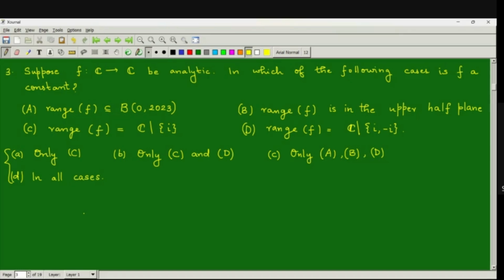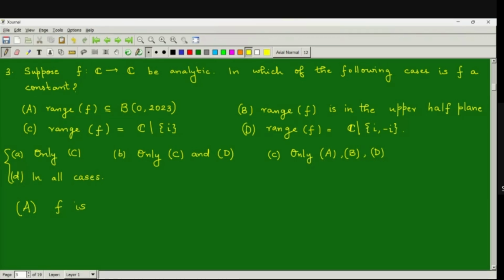Okay. Hope everyone could have figured one. That is A. What is A telling you? What actually is A telling you? Can someone tell? Boundedness of F. Yes. And range is contained in a ball, and that ball is bounded by 2023.